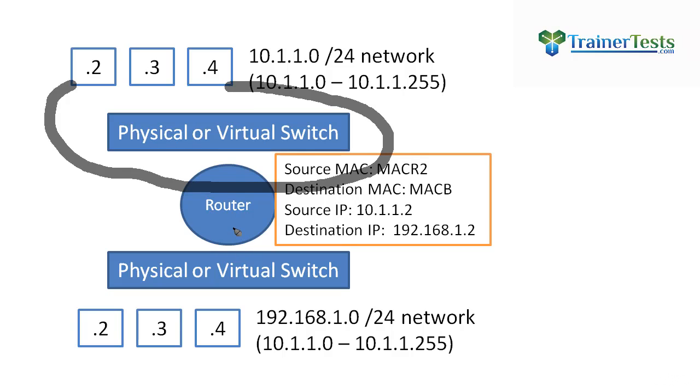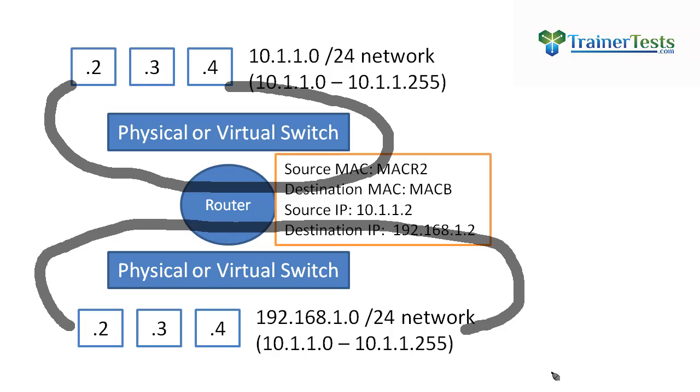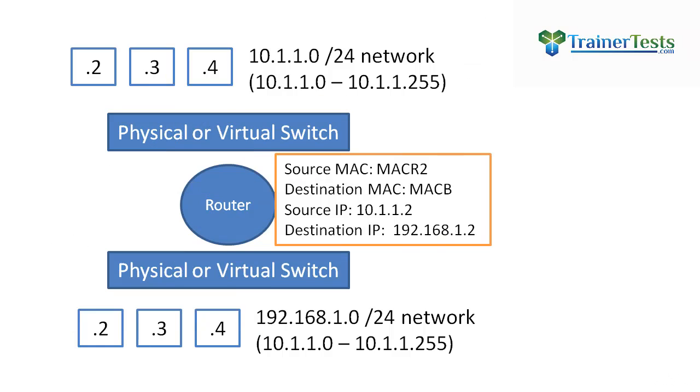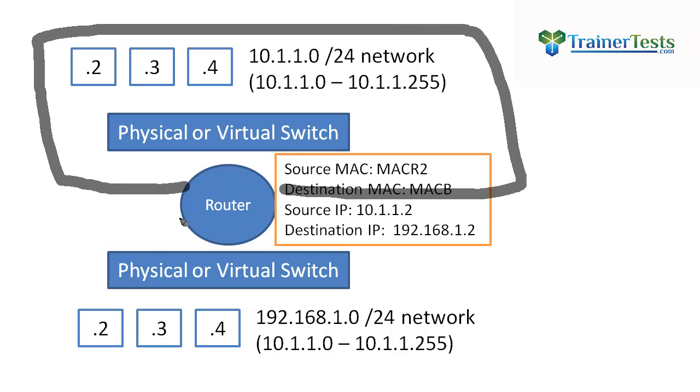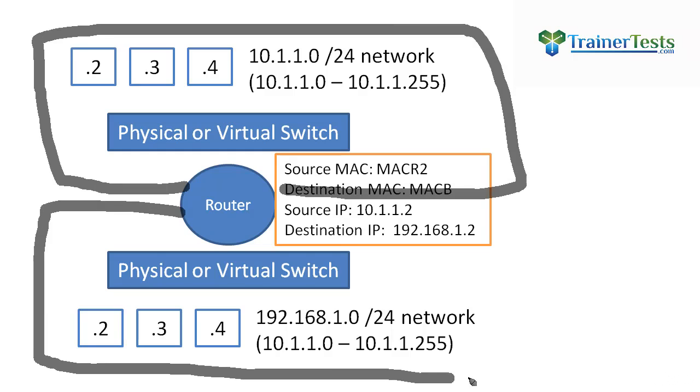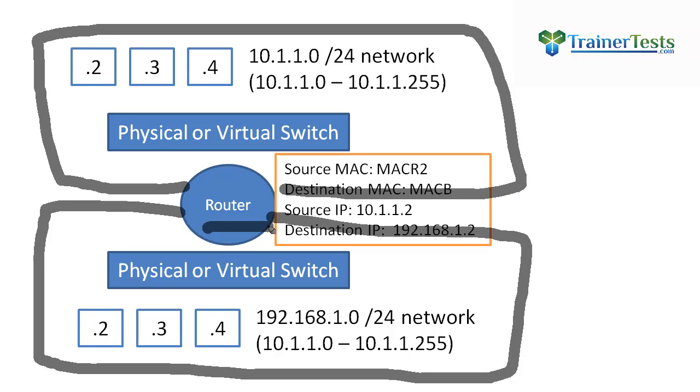As soon as that frame gets routed by a router to some other layer 2 network, those source and destination MAC addresses from up here lose their significance and new source and destination MAC addresses are appended. So what we see here is two Ethernet domains, right? We have one Ethernet domain up here, one Ethernet domain down here, and they are interconnected by a layer 3 device, a router.